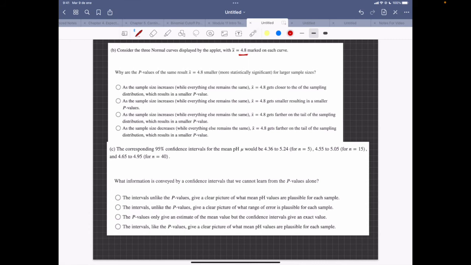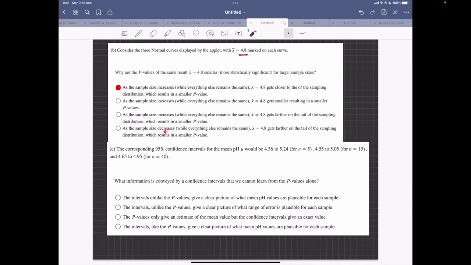So this one. As the sample size increases, while everything else remains the same, x equal to 4.8 gets closer to the what? To the mean of the sample distribution, which results in a smaller p-value. Of course, it has to be one option where we have increasing, right? Because we are increasing the sample.